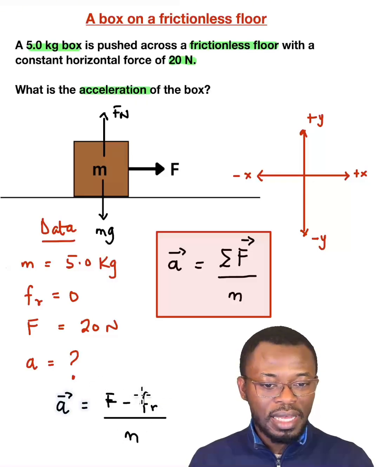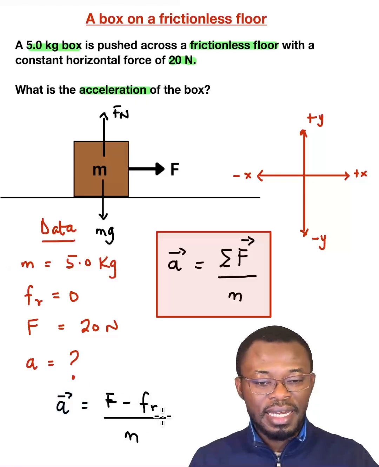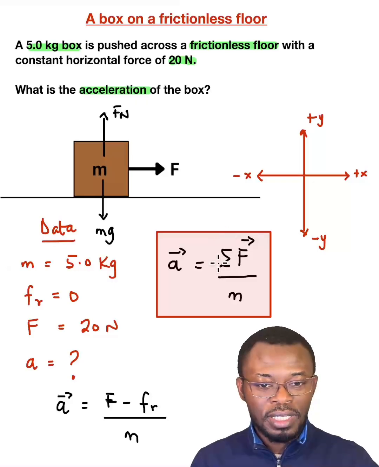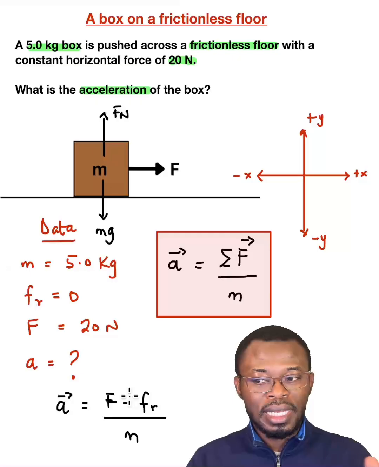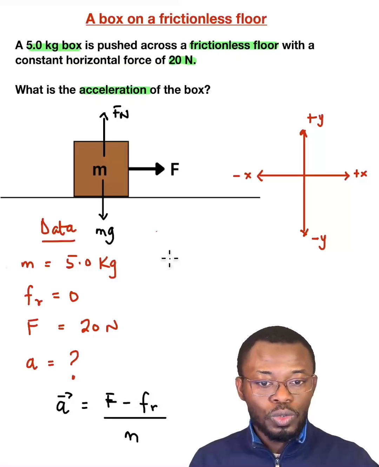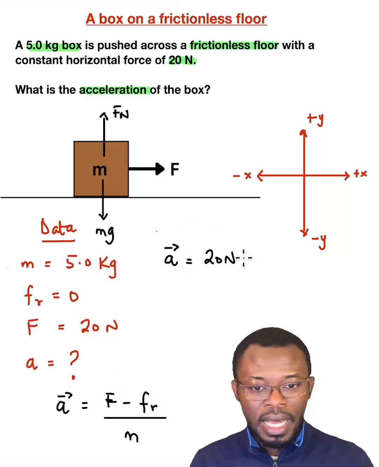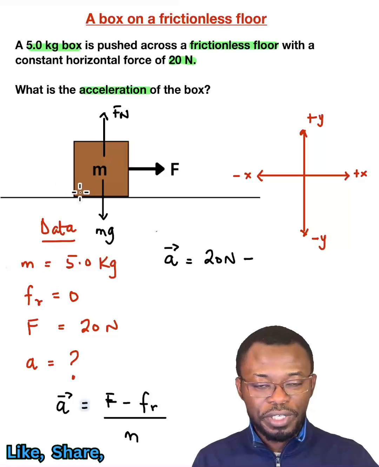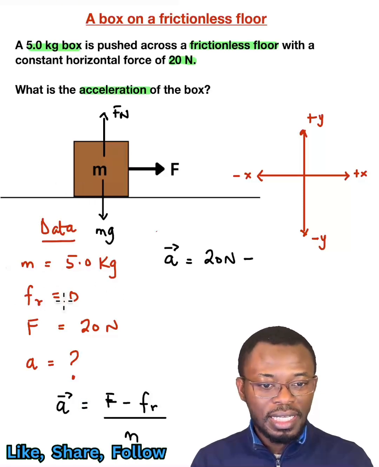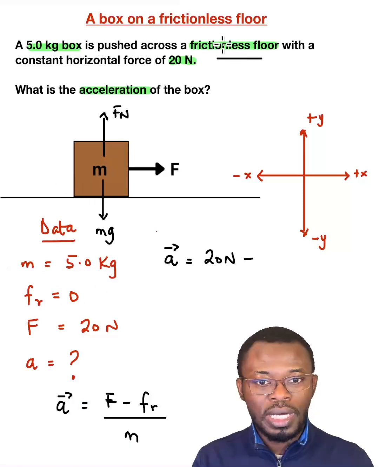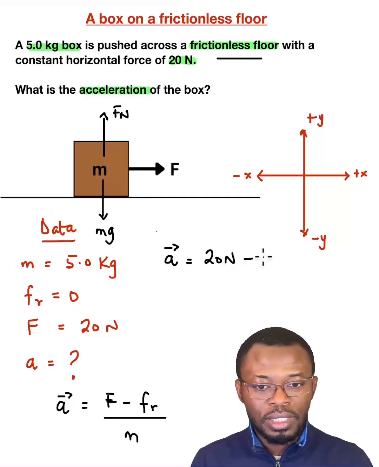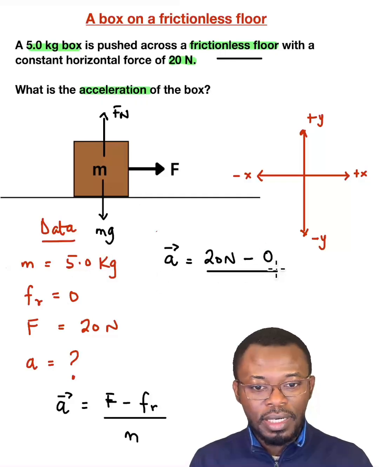This numerator, F minus Fr, is the net force, the sum of all the forces acting on this block in the horizontal direction. If we plug in the values, the acceleration equals F, which is positive to the right, 20 newtons, minus the force of friction. Friction force always opposes the motion, but in this case the floor is frictionless, so that is equal to 0. So 20 newtons minus 0, divided by the mass of the block, which is 5.0 kilograms.